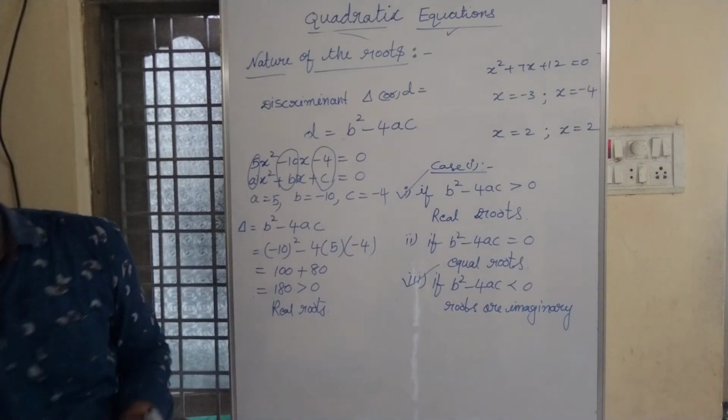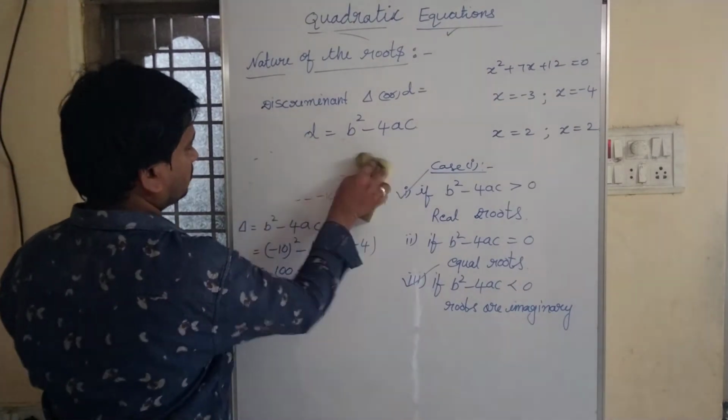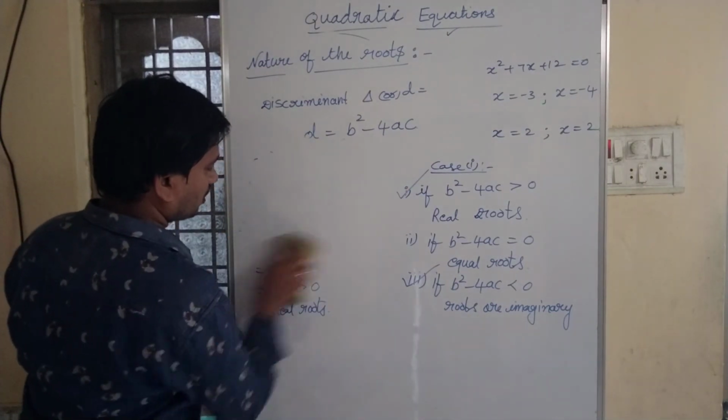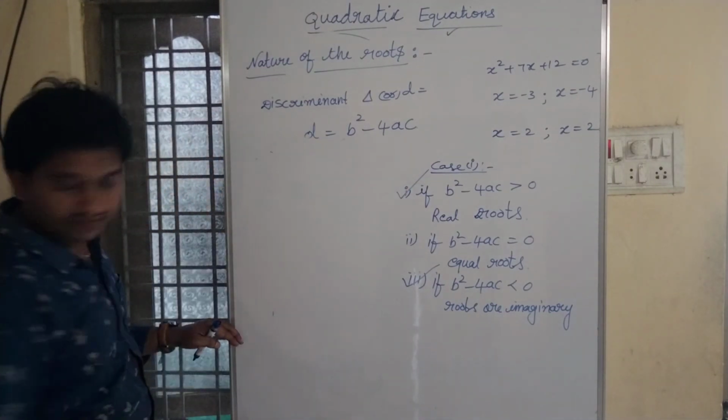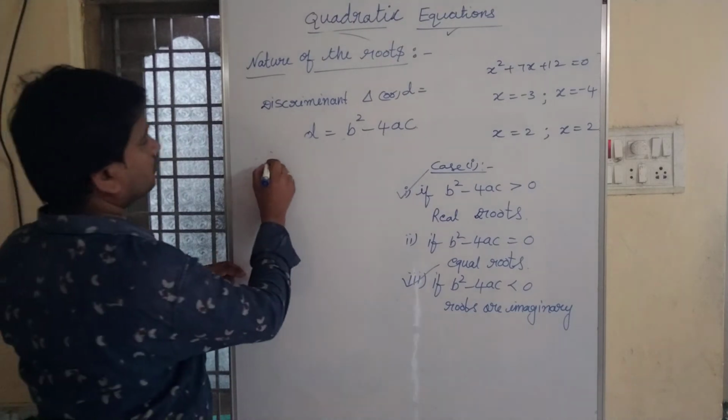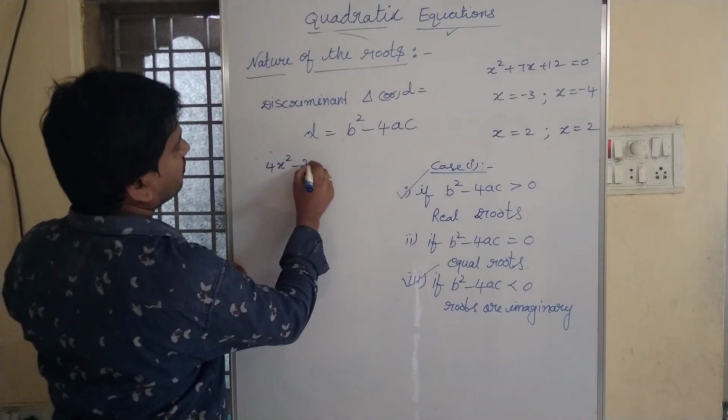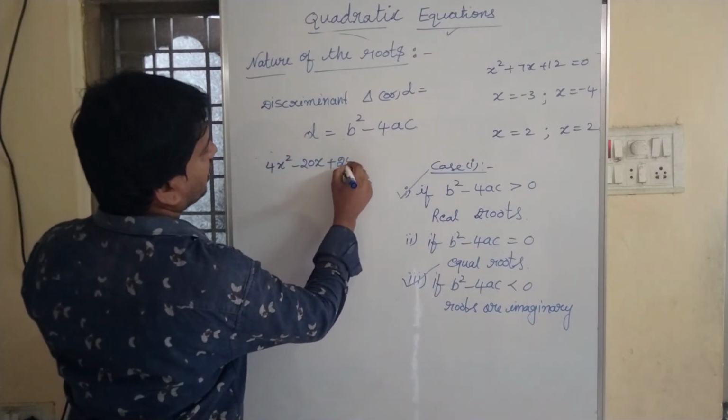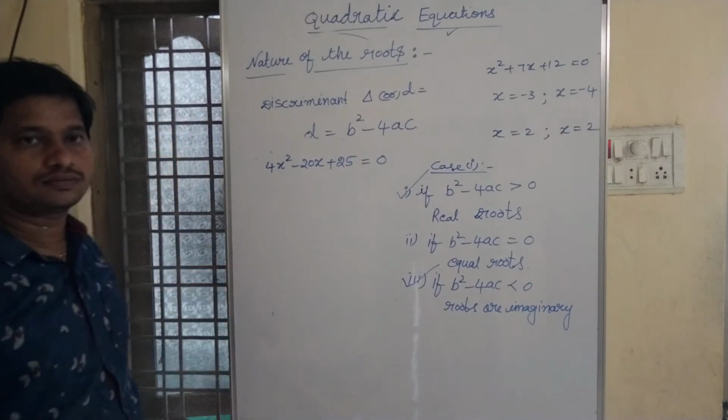Let us see one example. 4x square minus 20x plus 25 is equal to 0.